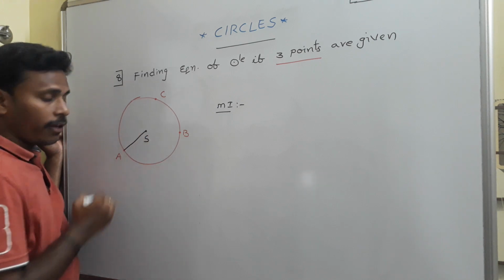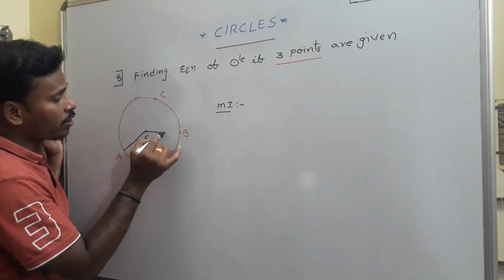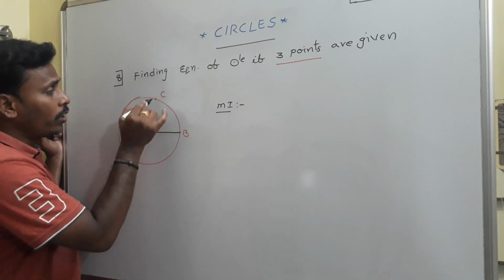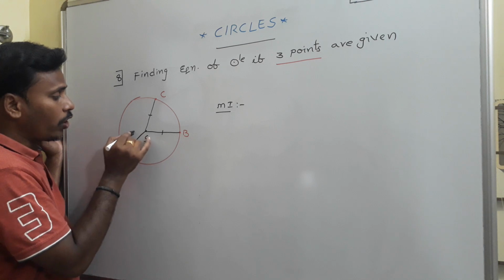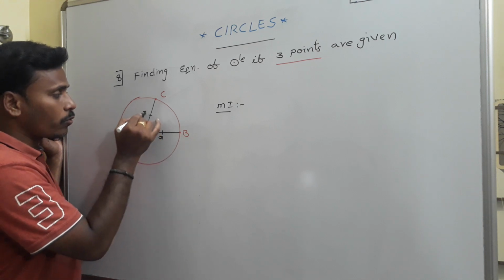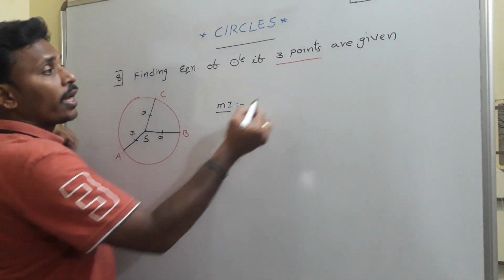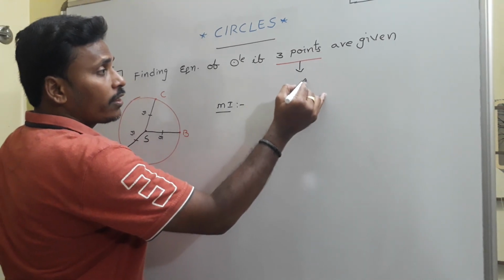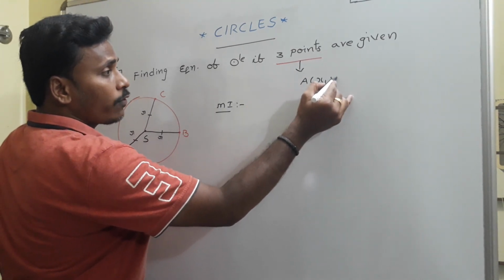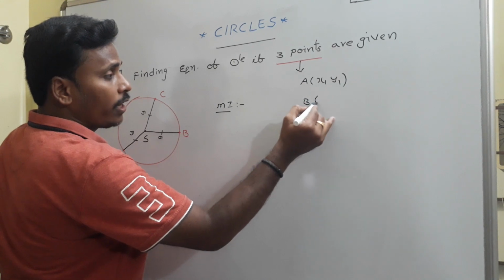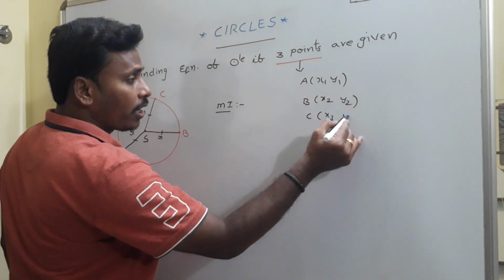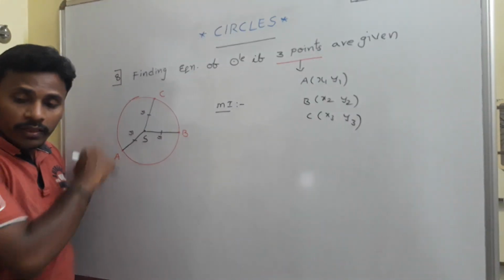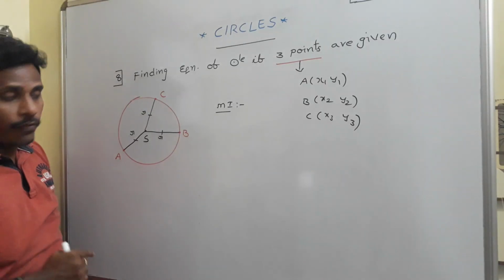Distance from S to A is equal to distance from S to B is equal to distance from S to C. All these distances are equal, and we call those distances the radius also. The coordinates of the 3 points A (x1, y1), B (x2, y2), C (x3, y3) are given points on the circle. Our task is to find the equation of the circle.